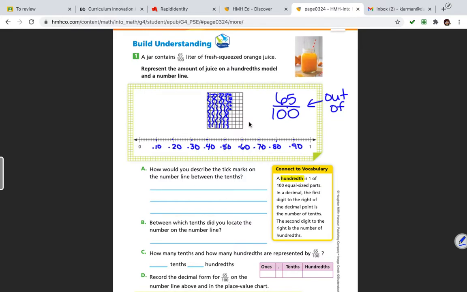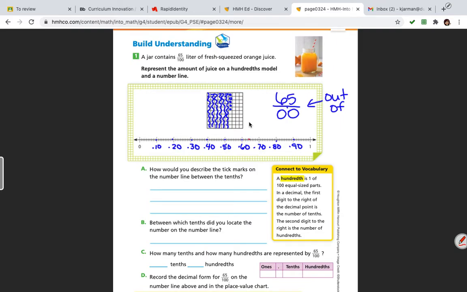So if we have 65, we're going to fall between the 60 and the 70. So we count over 5 hundredths: 1, 2, 3, 4, 5. So it would be right here.